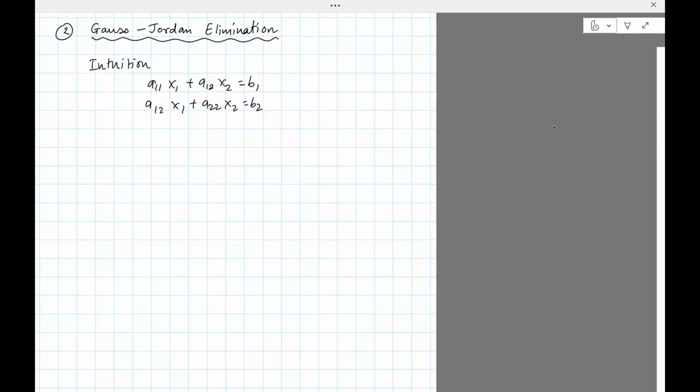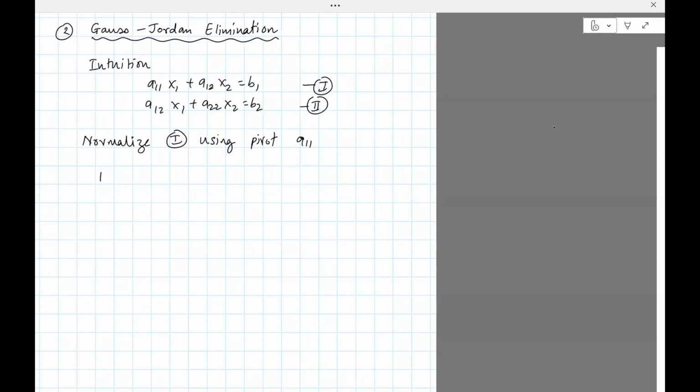So normalize equation one using the pivot A11.